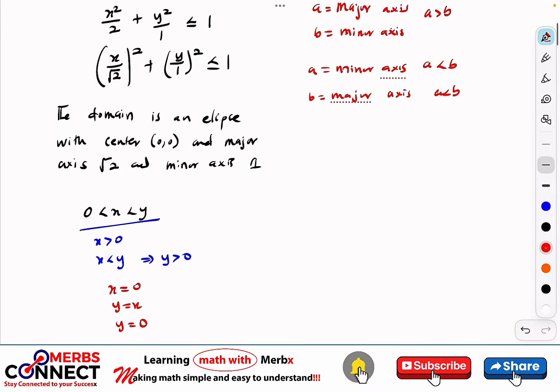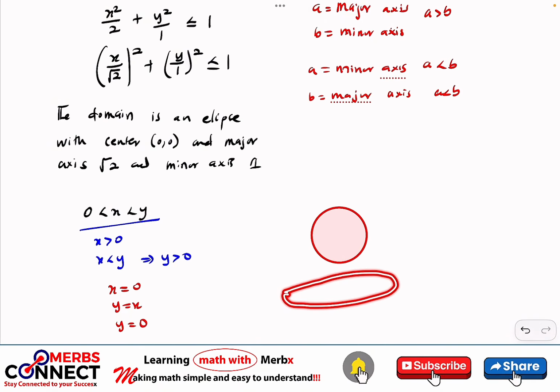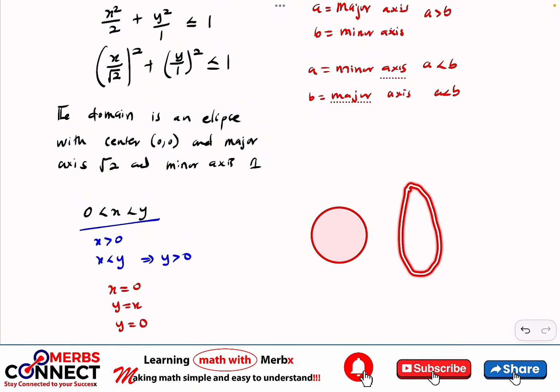Now we are talking about ellipse. Ellipse is when we have a circle, let me say a radius of 1, and we try to stretch it. So when I try to stretch it horizontally, you will see that I'm going to have something like this. So it means I'm going to give more radius to the x-axis than the y-axis. And then if I stretch it vertically, I'm going to have it this way, and I'm going to get the ellipse.